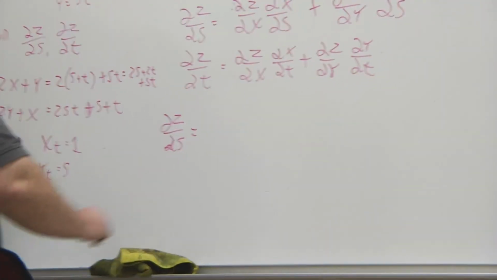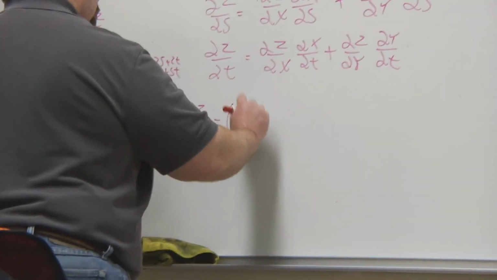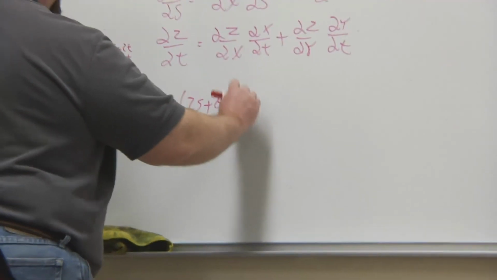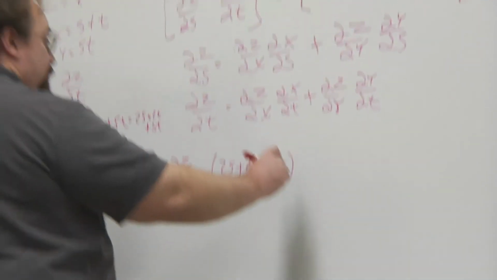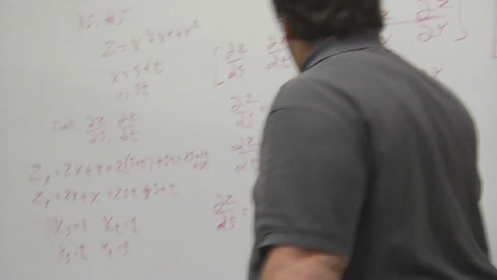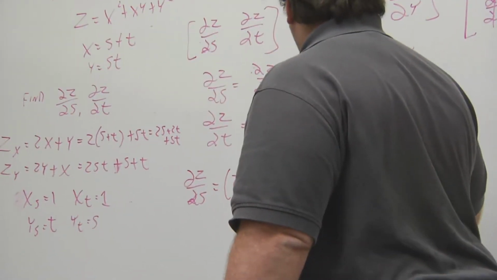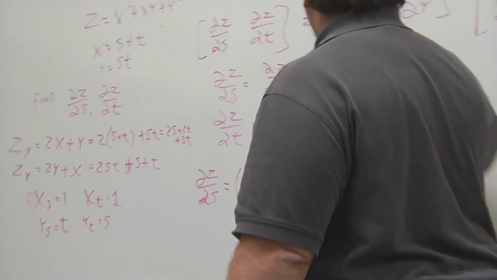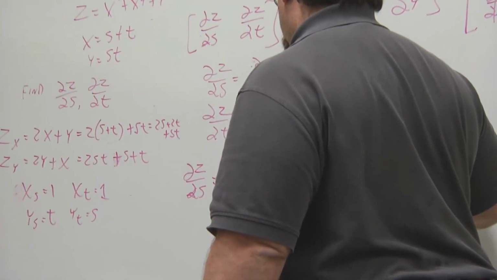So we're going to have 2s plus 2t plus st, dx ds, which is 1, plus 2st plus s plus t, dy ds, which is t.